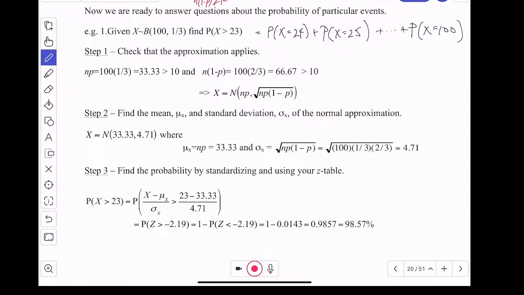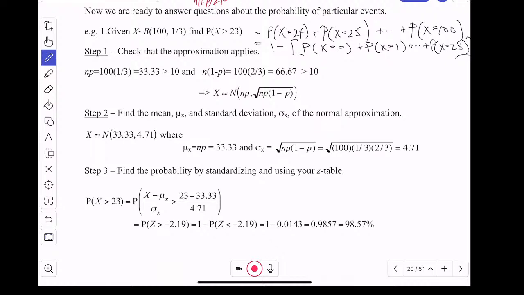Or we could have done this backwards, but whatever. We could have done it like 1 minus probability x equals 0 plus, don't ever forget the 0, x equals 1 all the way to x equals 23. But still, it's a lot to calculate, right? If you have Excel, it's not so bad, but without Excel, it's a lot to work on.